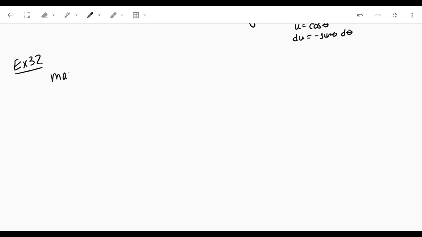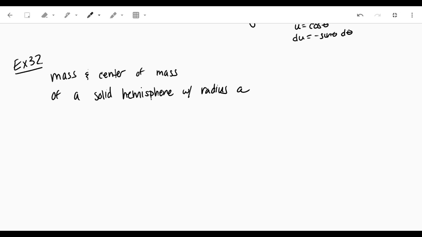We want to find the mass and the center of mass of a solid hemisphere with radius a, with density proportional to the distance from the base.